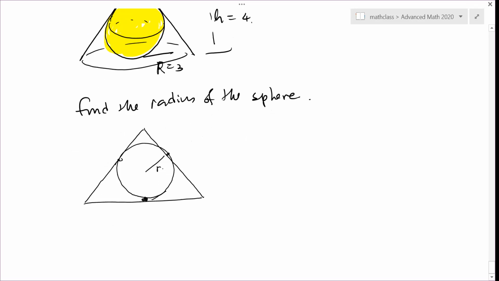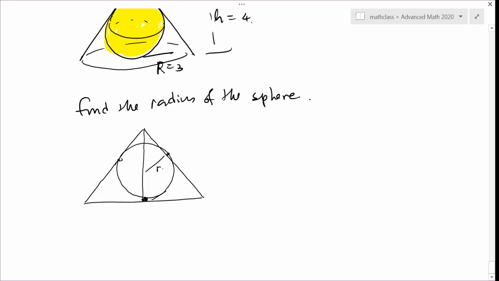Any idea? If you have a triangle and you're trying to figure out the radius, draw additional lines to connect the important points. So there are many lines, right, connected.